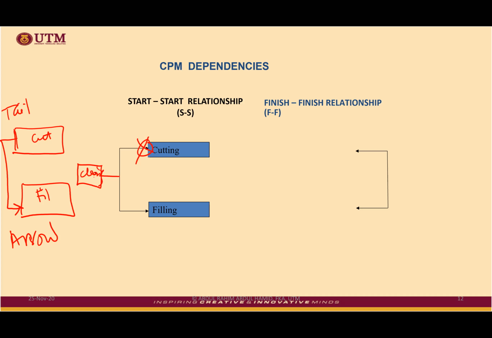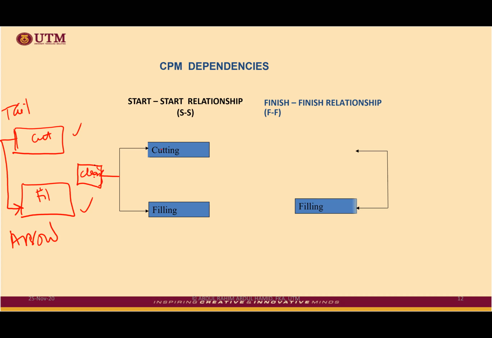After you complete clearing, you do the cut and fill. If you draw something like that, it's okay. It indicates cutting and filling start concurrently after clearing. That is correct. But if you just have two activities like this, then one tail and one arrowhead should be drawn properly. Otherwise, people will get confused.